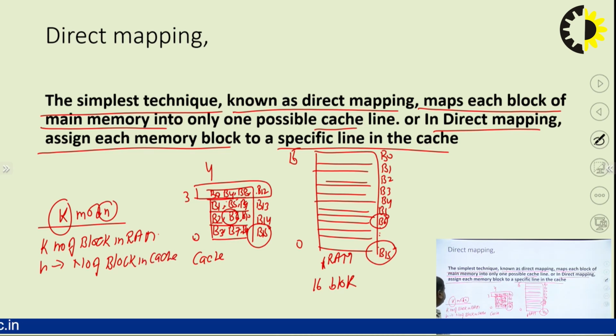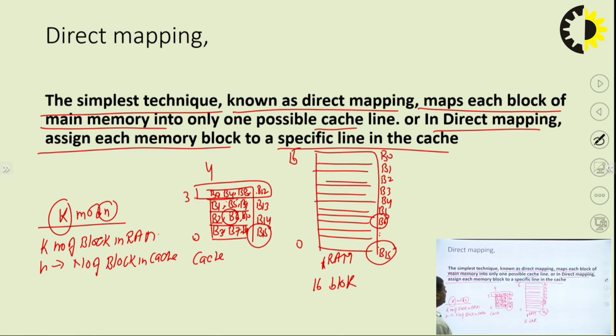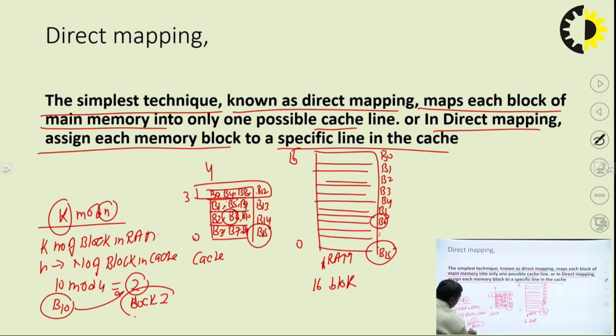It means block B10 of the main memory is mapped to 10 mod 4. What is this answer? That is 2. It means block number B10 is accumulated into the cache at block number, or line number, 2.